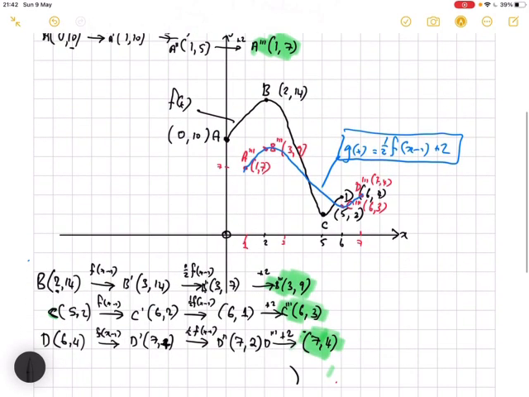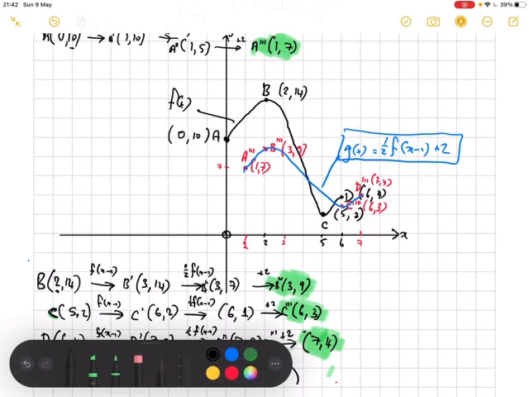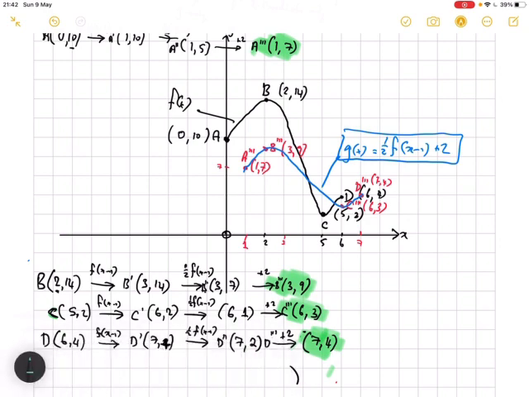So in green, this bit here is a horizontal translation. Remember, if you're moving left or right, it's called a translation, horizontal translation by 1 unit to the right.